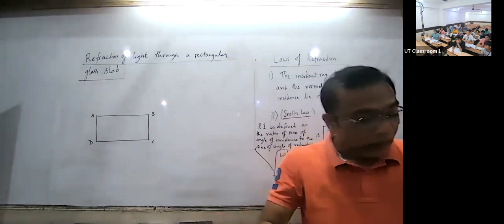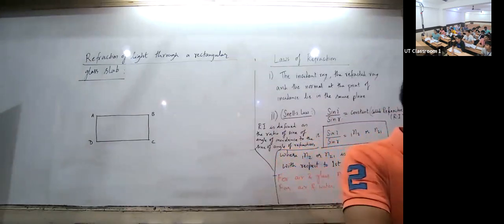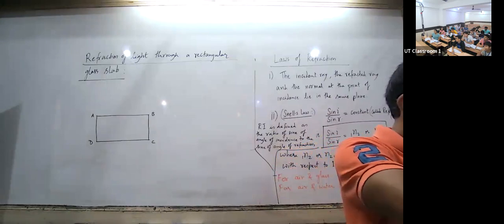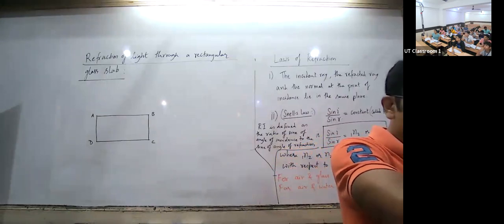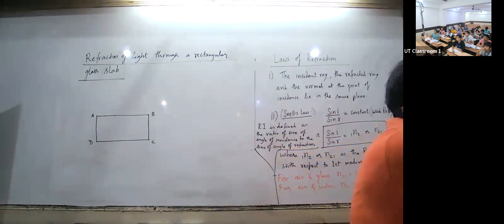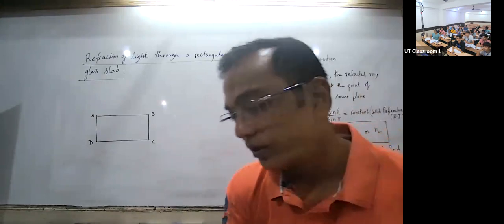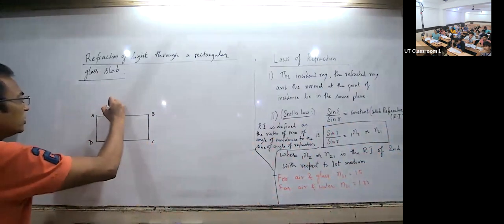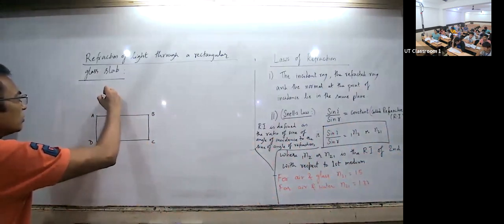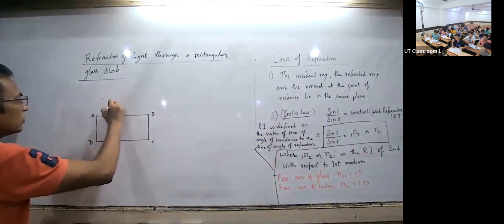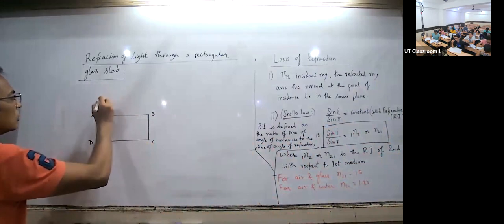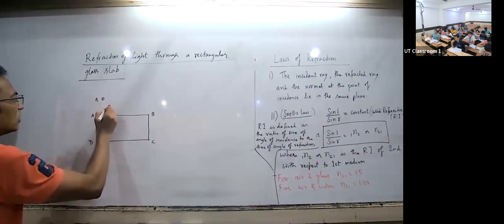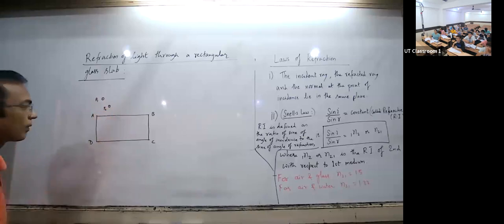So 2 pins you have inserted and you're trying to see them from this side. Let's say 1 pin is over here and 1 pin is over here. Let's call these P1 and P2.